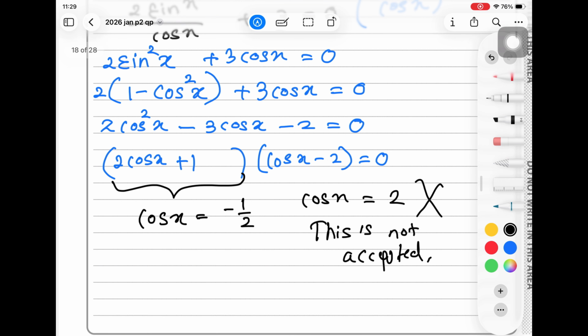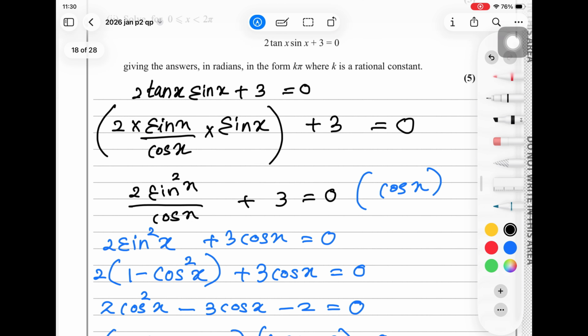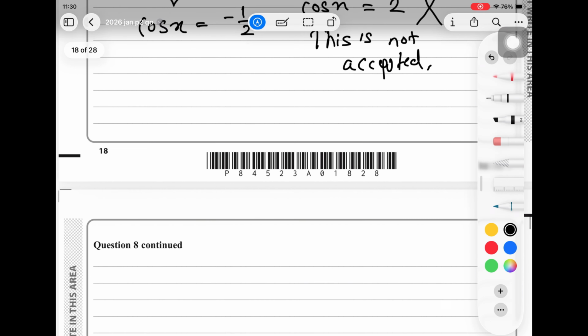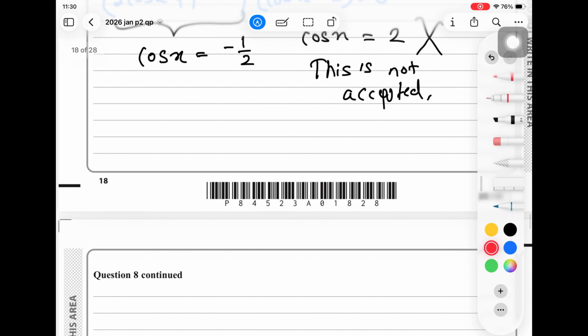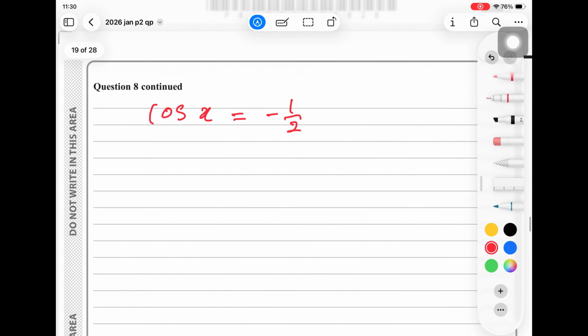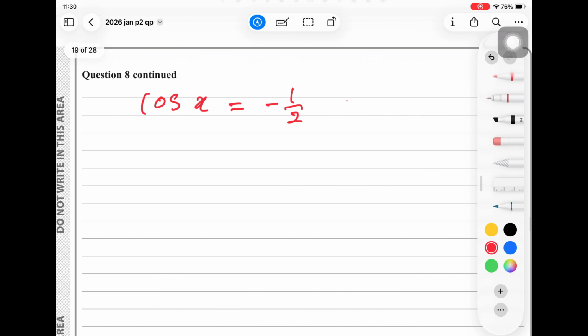Negative half means that when you do a base angle finding for a given range, x is going to be cos inverse of half, which we know. So let me write the question quickly. Now the base angle, which is the principal angle, is going to be cos inverse of half.